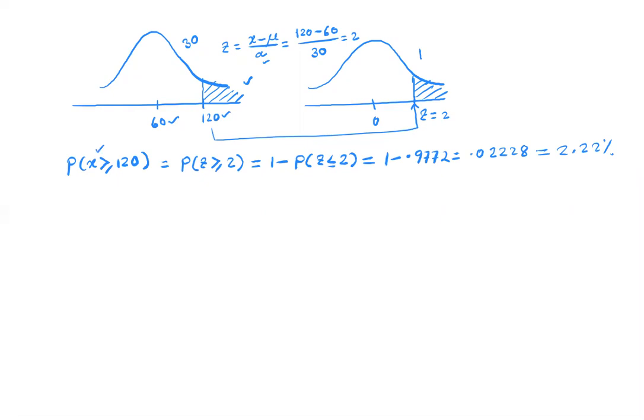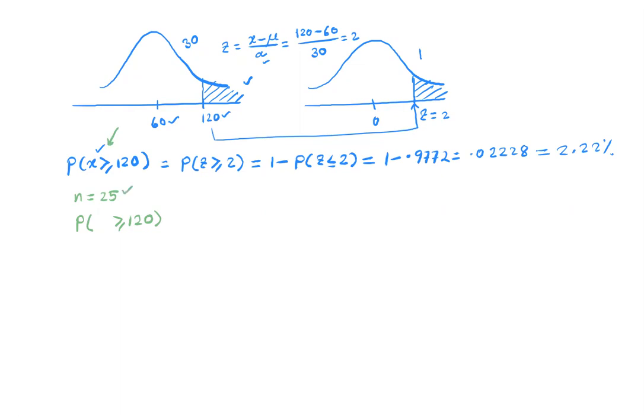Now I'm going to ask you to do the same thing for 25 people. So n is equal to 25. I want you to find the probability that the average of 25 people's social media time would be greater than 120. This one was for one person, right? Now I'm talking about the average of 25 people.